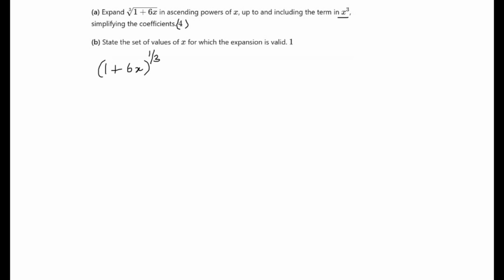If you look here, this binomial expression is already in the standard form that we require. The first term is 1, the second term is 6x, and the power is a real number, 1/3. So we can use the formula directly.